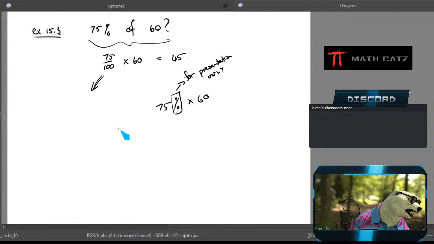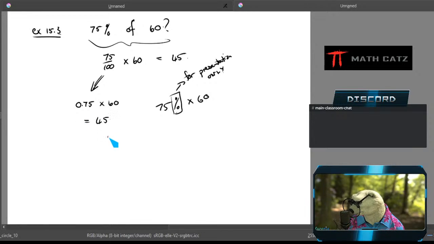Now you could go and say here, maybe I don't love fractions. I know everyone does love fractions, but let's just suppose you don't want to see the fraction every time. I could go decimal. Because it's always over 100, the decimal version of this fraction is super easy. It's 0.75. And then times that by 60. And of course, I'll still get 45. I want to actually be okay with either one of these.